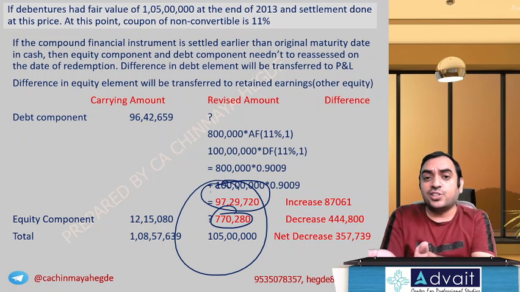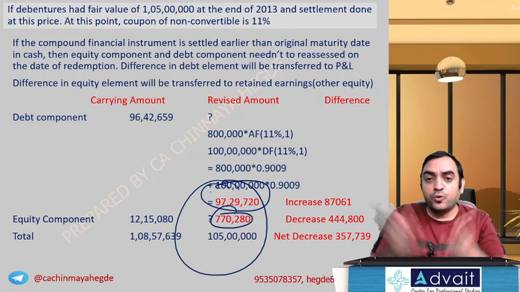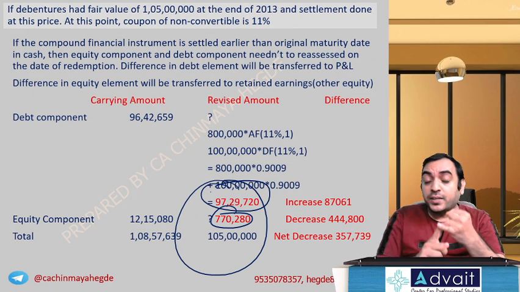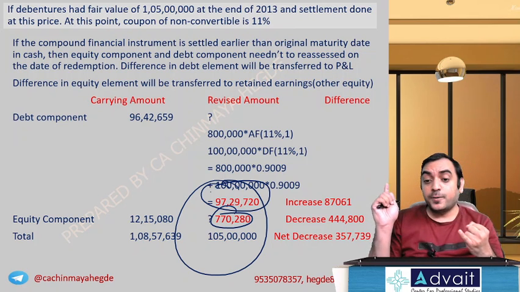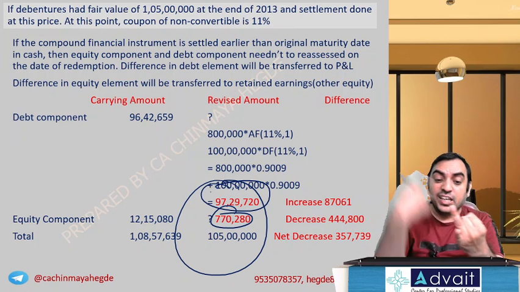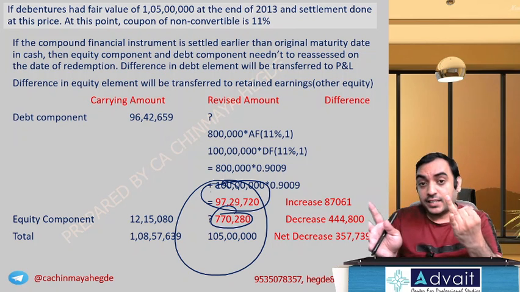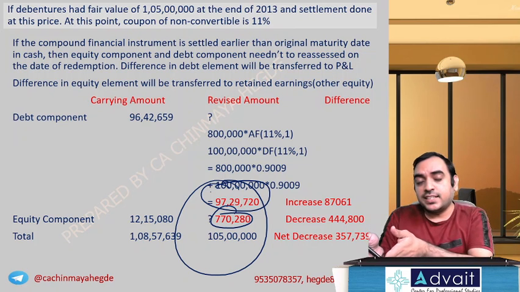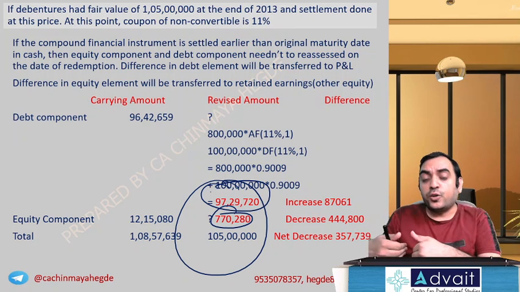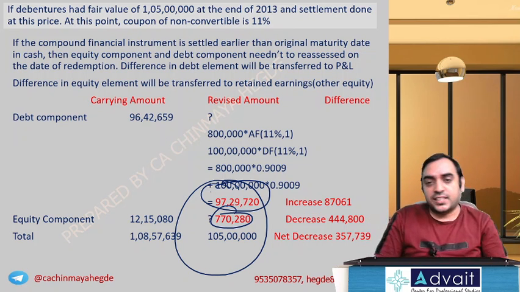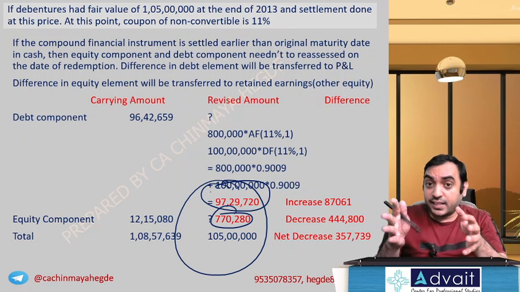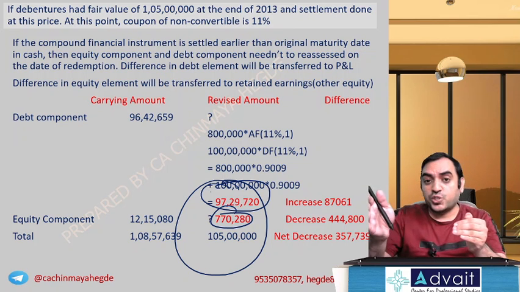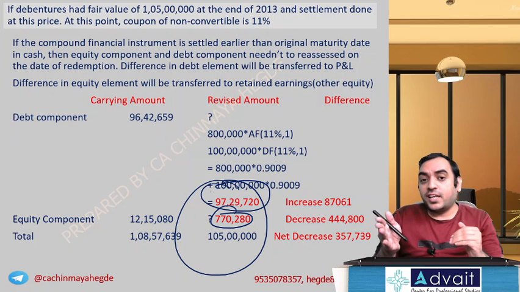Instead, if they are settled in shares, then credit share capital, credit security premium, whatever may be the balancing figure. So the 8% debt will definitely be debited. When debt component is debited, equity component is debited. Both are derecognized. Credit cash if settled in cash, credit shares and security premium if settled in shares. But in either case, debt revalued amount goes to P&L, equity component revalued amount goes to retained earnings.